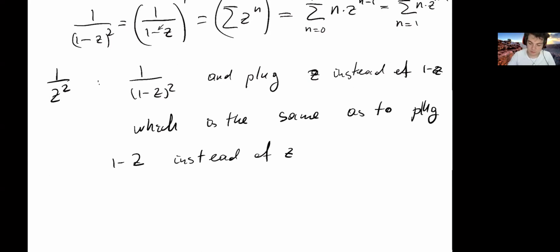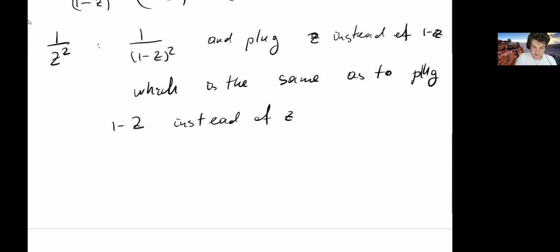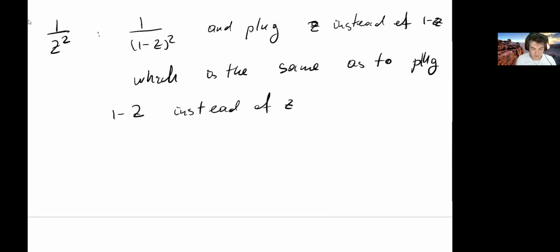So that's something from calculus. Again, it's always a mess. So let's see how it's going to work out. We know that 1 over (1 minus z) squared is the sum of n times z to the n minus 1. And so for 1 over z squared, every time I see a z, I need to plug in 1 minus z.